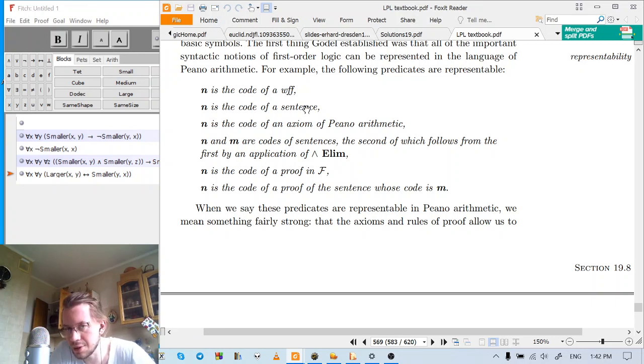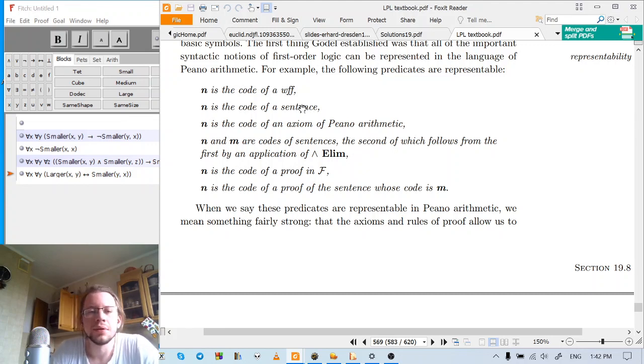N is the code of a sentence, so we can positively prove something like that via our rules of proof and the axioms. N is the code of an axiom of Peano arithmetic.